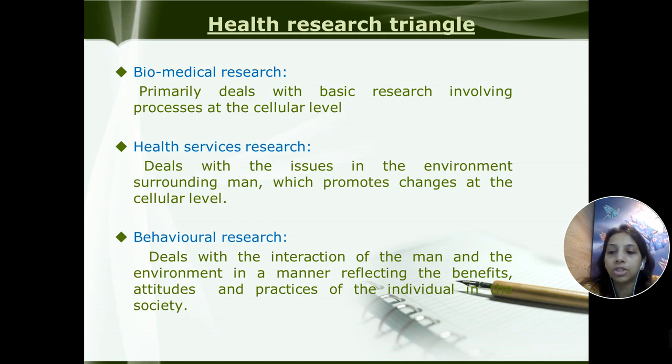If we want to take a historic example, the atomic bomb attacks on Hiroshima and Nagasaki led to genetic changes in almost the entire population residing in those areas at that particular time. So that is health services research. Or the external factors which lead to changes at the cellular level, at the genetic level, and which will affect the next generations to come, will come under your health services research.